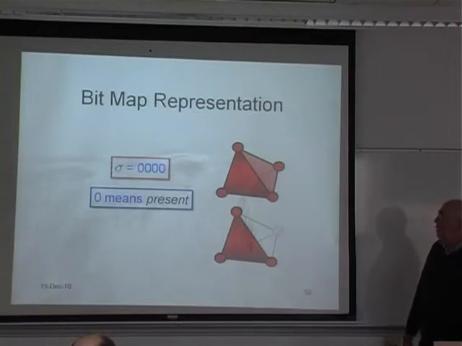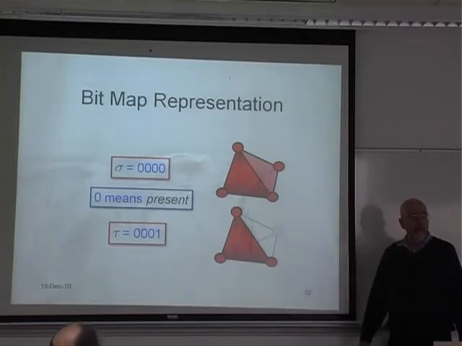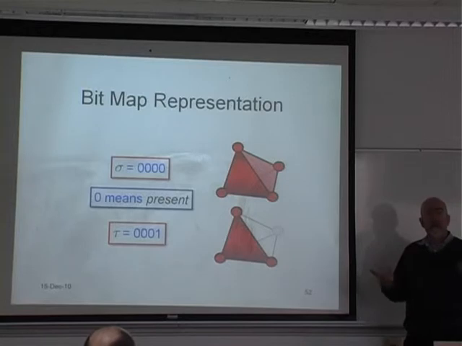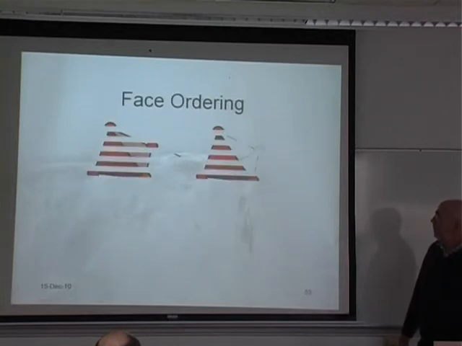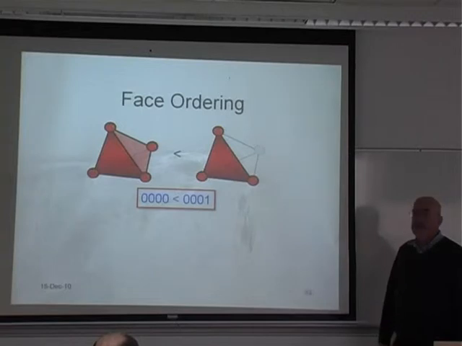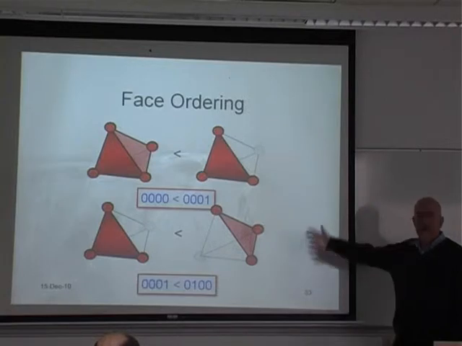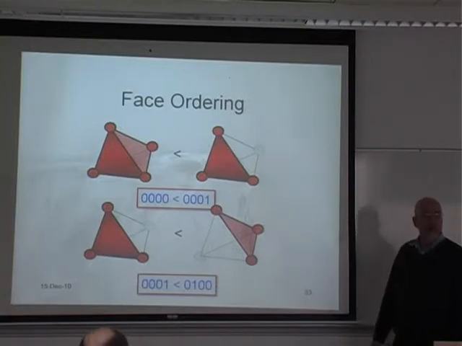So the entire simplex is all zeros, and for any face, a 1 indicates that vertex is left out. We use that bitmap to induce a kind of lexicographic order on simplexes. So the maximal simplex is the least element in the order. And given any two faces of the same dimension, we order them lexicographically, that is to say, arbitrarily.